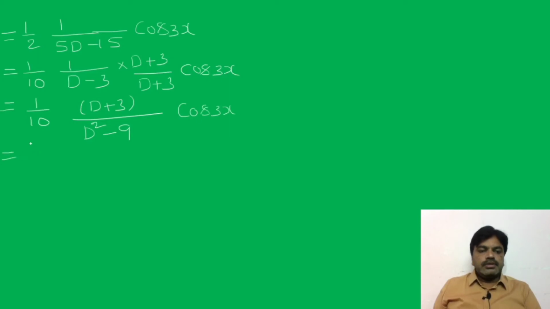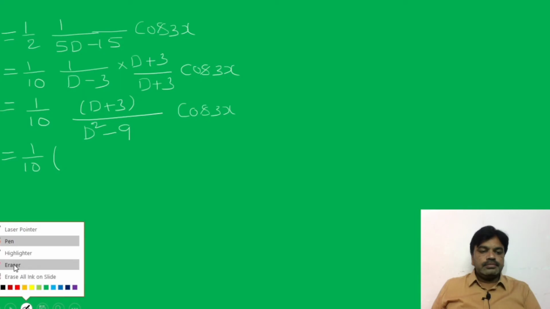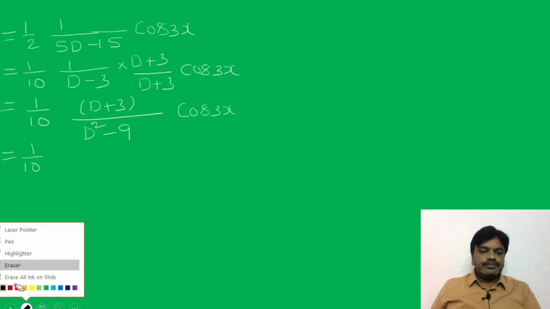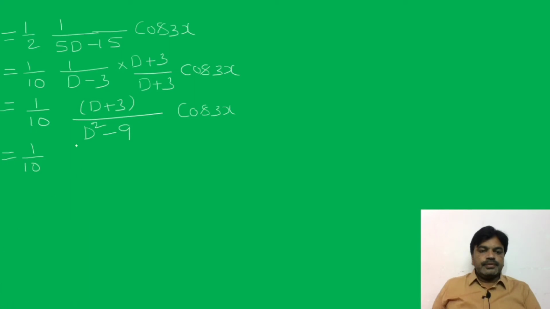That is equal to 1 by 10 into 1 by, replace d square by minus 3 square.